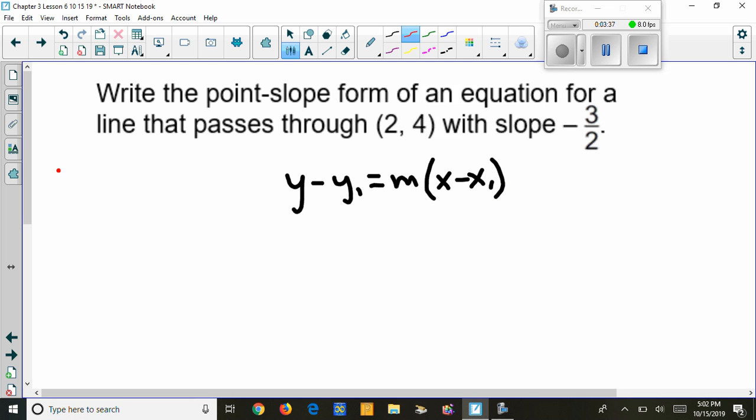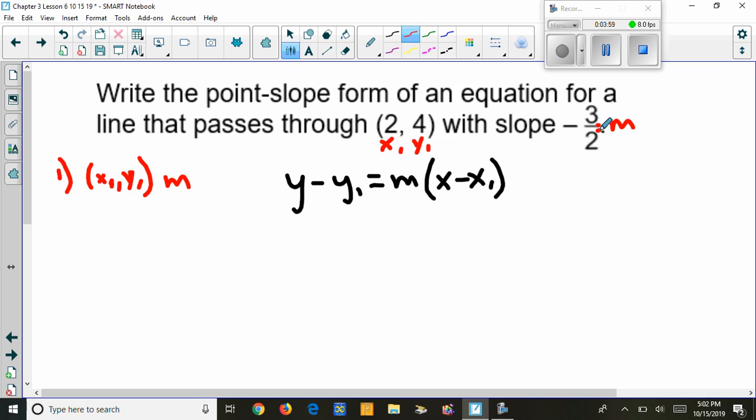One of the things I like to start with is to label your x1, y1, and your m. And those are over here, x1, y1, and m.